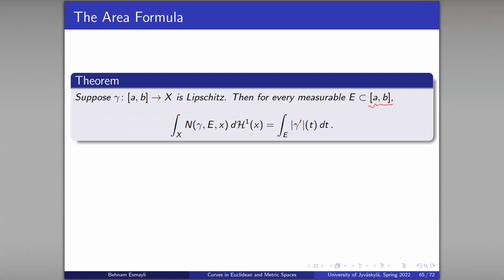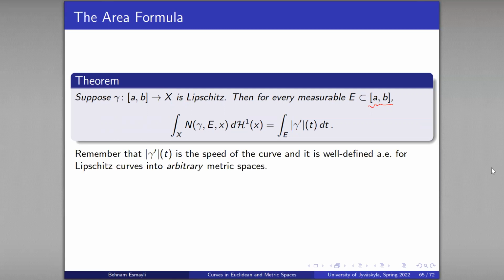So what is the speed of the curve? If you are mapping into an arbitrary metric space, there is no notion of gamma prime, no notion of velocity, but there is a notion of the speed of the curve. This is only notation, just meaningless. Be careful with this. It's only a notation in analogy to the Euclidean setting.